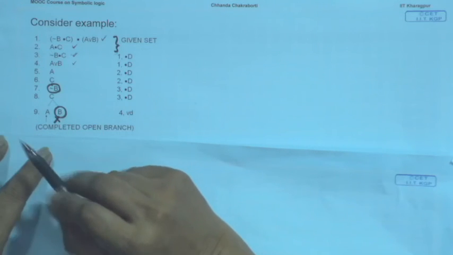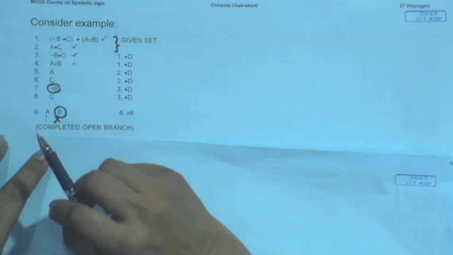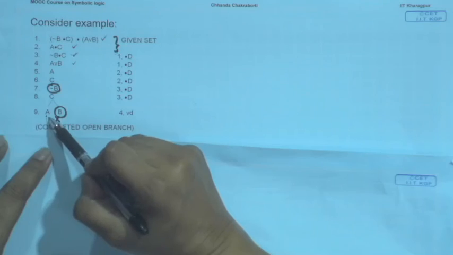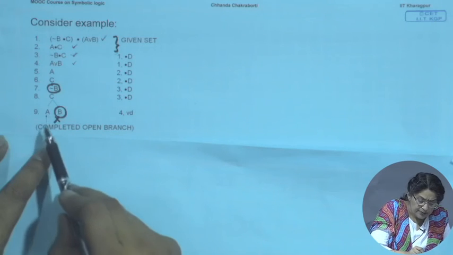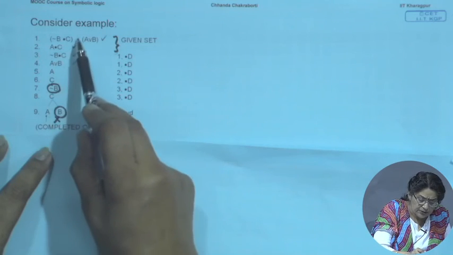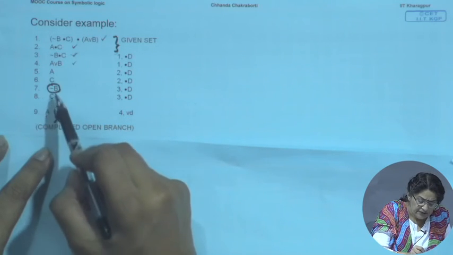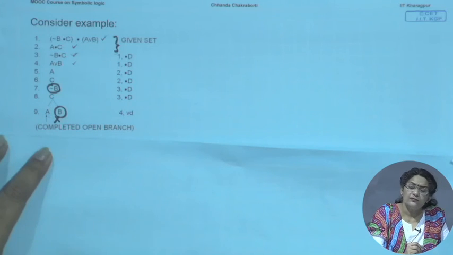If you follow it through, we have A, C, tilde B, C, A, and so forth. All literals, and none of them are like A and not A, or B and not B. So, this remains open. Not only open, it is a completed open branch, because every decomposition that was supposed to be done on this branch is finished and everything is reduced to the level of literals.